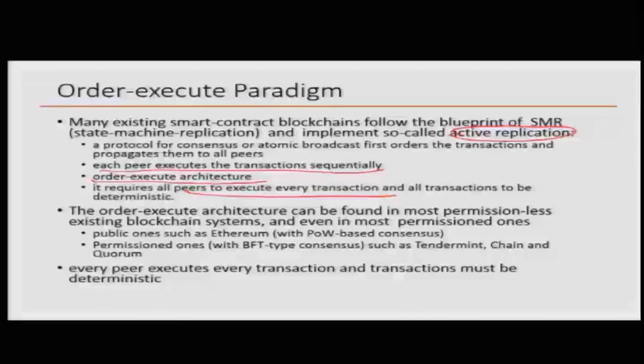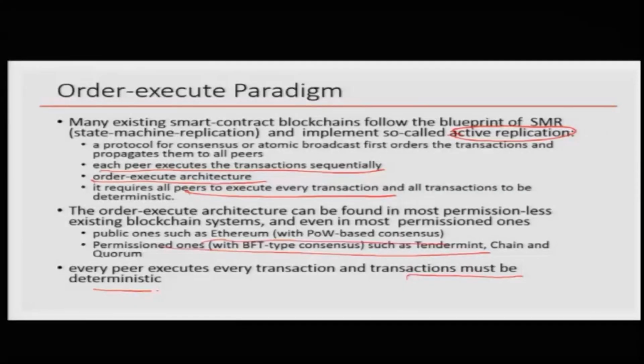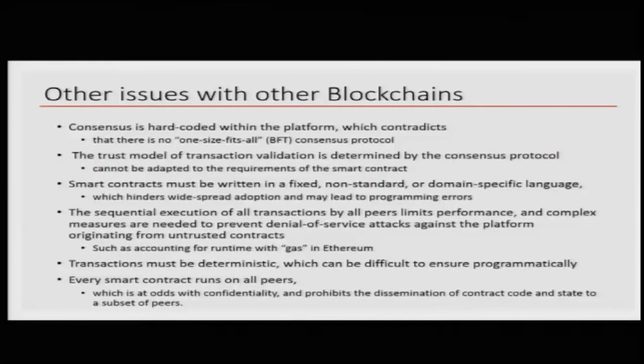So, determinism is a must. Order-execute architecture is in Ethereum or in some other permissioned ones like Tendermint, Chain and Quorum, and transactions must be deterministic. So, these are the hallmarks of the earlier generation of blockchains.